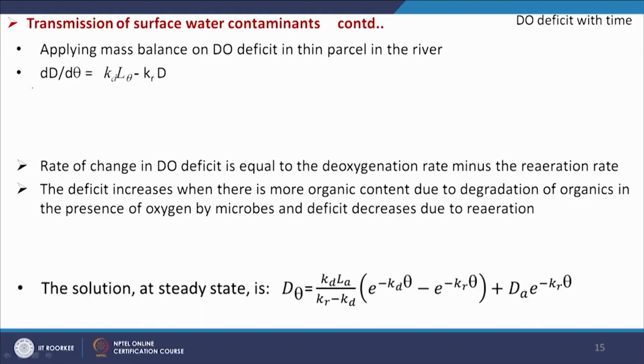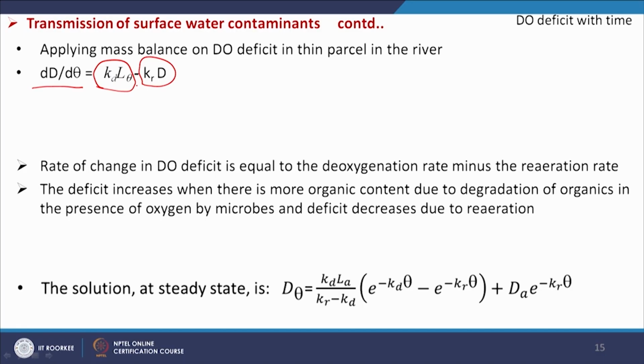for calculation purposes. And then if we do the mass balance now, we have dD by d theta, which tells how the deficit is changing. One process is deoxygenation, and another is re-aeration. Deoxygenation is reducing the concentration, and re-aeration is increasing the concentration of oxygen in the water.